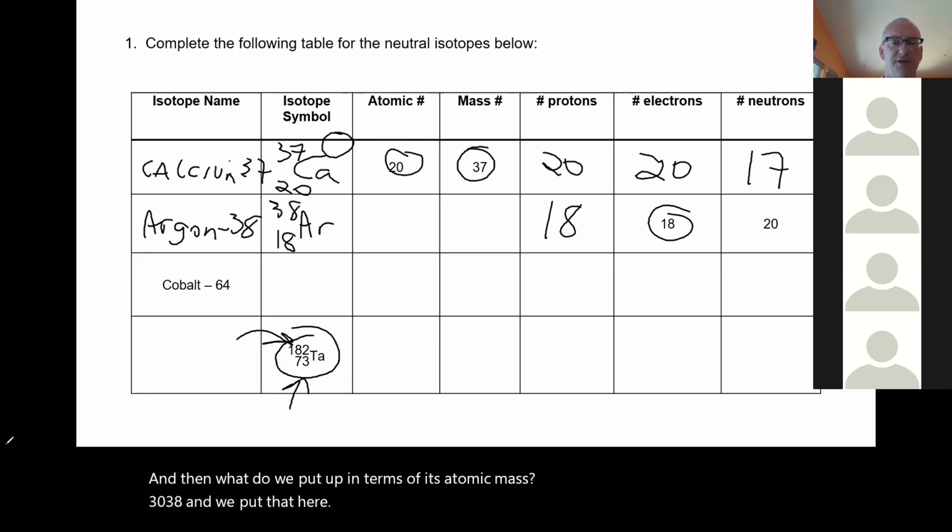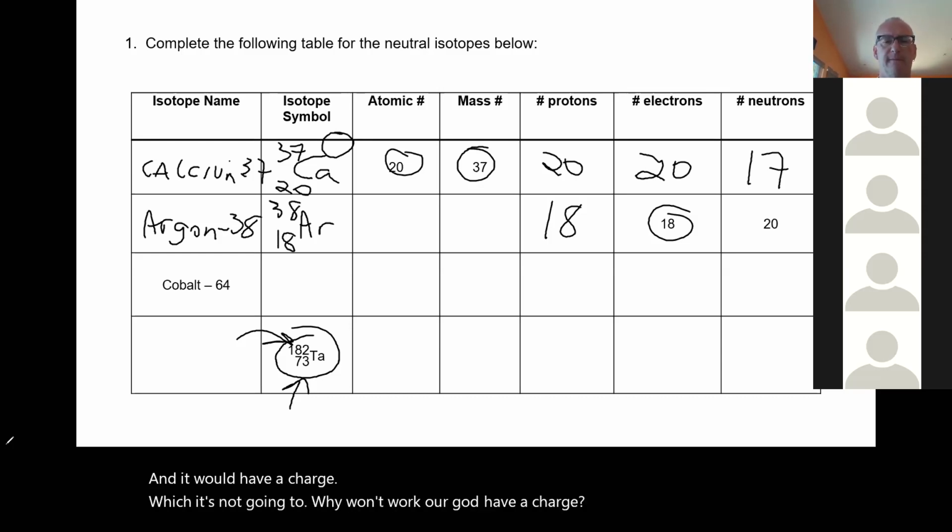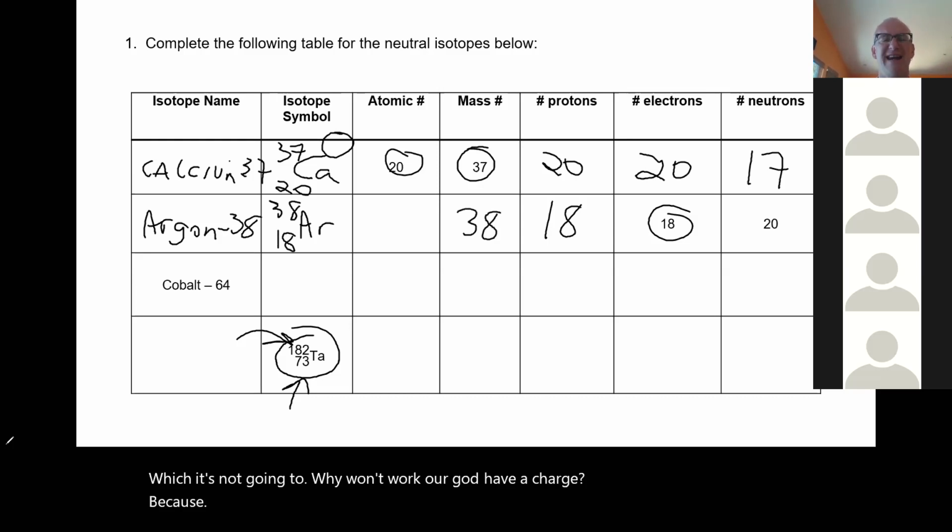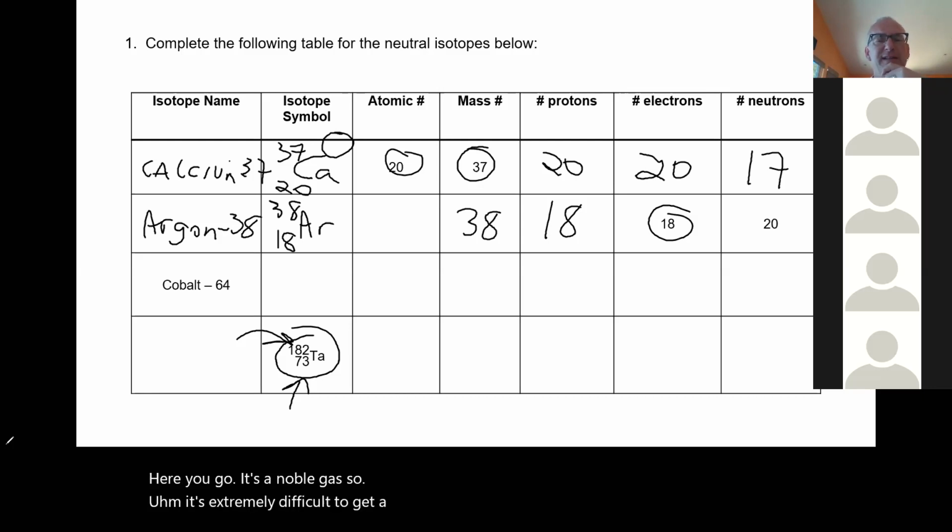And if it had a charge, which it's not going to, why won't argon have a charge? Because it's the neutral isotope. Why will argon never have a charge? It's a noble gas, right? So it's extremely difficult to get a charge of argon. I don't think it's impossible.